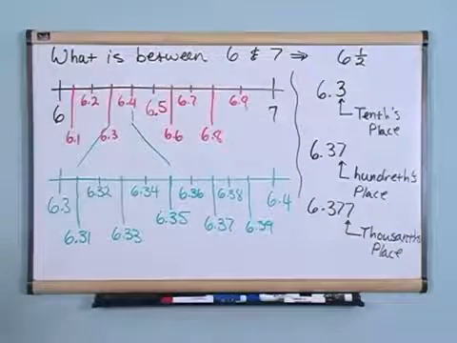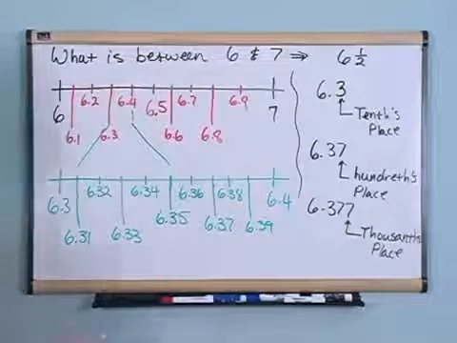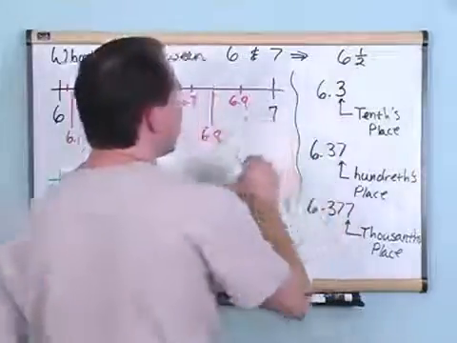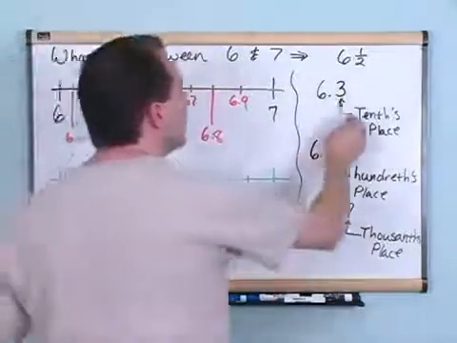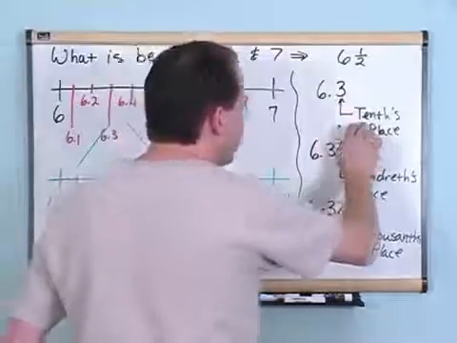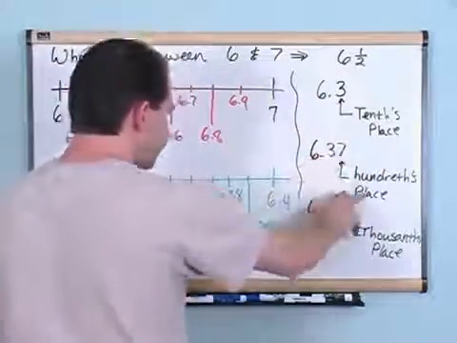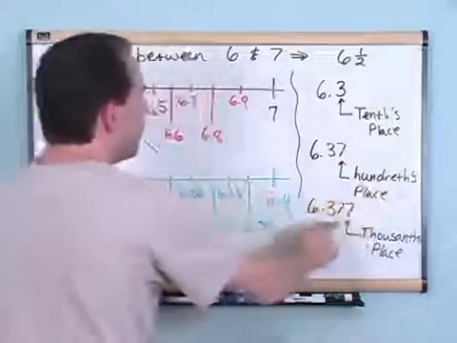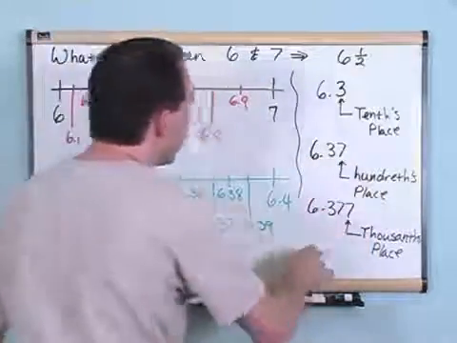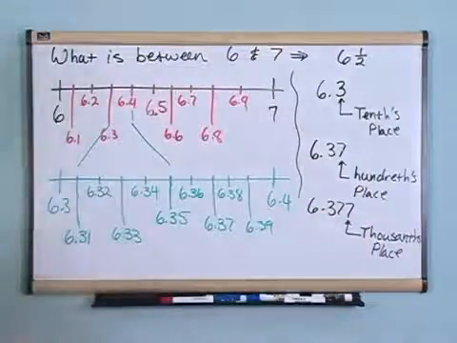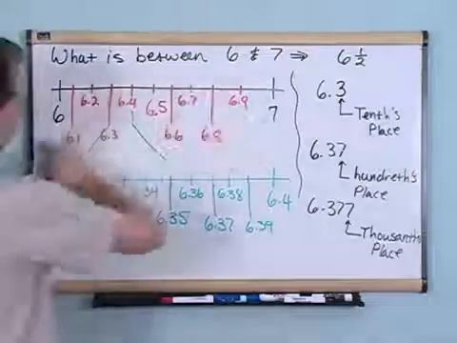The only other thing I really wanted to tell you is that when you start adding digits behind a decimal point, the digit right after the decimal point, the tenths place, is worth more than the next digit, which is called the hundredths place, and this one's worth more than the thousandths place. And that can be seen right here on the board, okay?